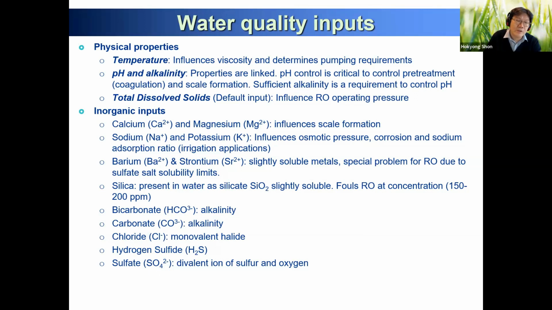Cold water has a high viscosity, which means it is very difficult to push water molecules through the membrane. A 1 degree difference will impact your permeate flux by almost 10%. So temperature is also very important.